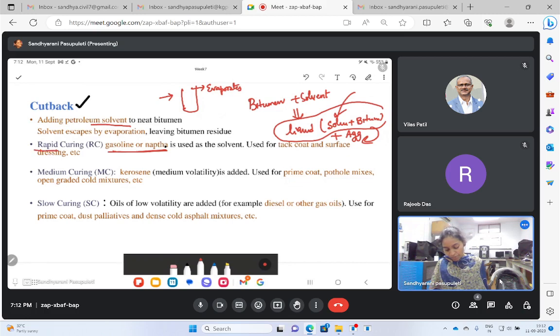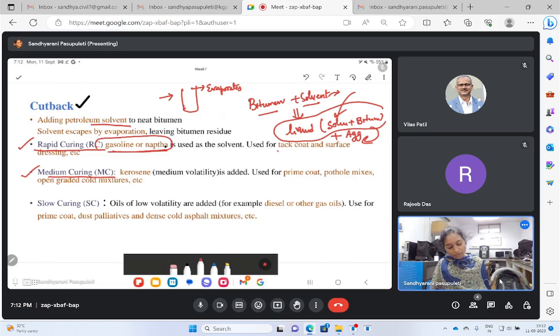Rapid curing means that in the bitumen and solvent mix, the solvent evaporates quickly; those are called rapid curing cutback bitumen. If they take some time, they are called medium curing. If we use naphtha or gasoline as the solvents, we call that rapid curing.